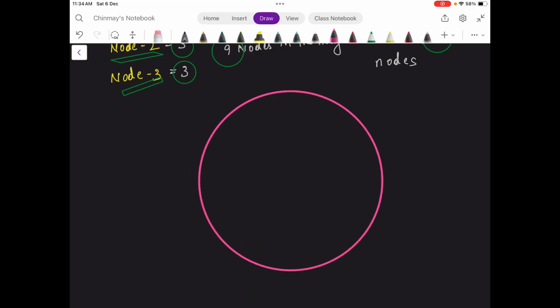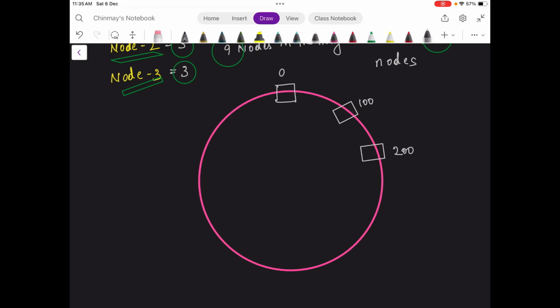Now let's see how these dummy nodes solve the problem in the circular ring. This is a ring. For example, this is a dummy node of node 1. It consists of 3 dummy nodes, and they go through the hash function. For example, they are hashed at 0, 100, and 200.